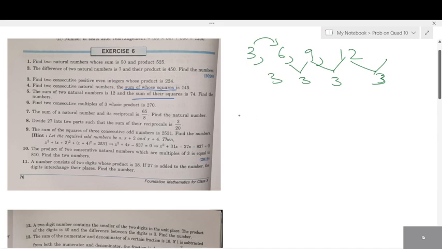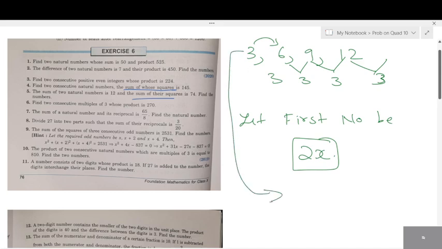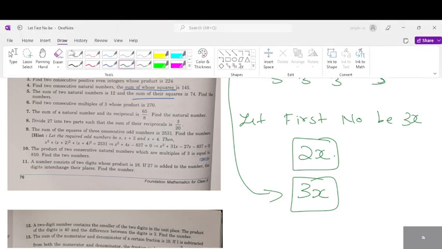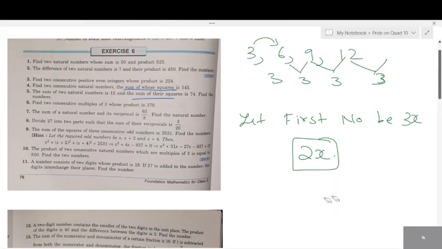Two consecutive numbers: let the first number be... See, when they ask for an even number, we take 2 into x, 2x. In the same way, for multiples of 3, take the first value 3 along with x, so 3x is the first value.